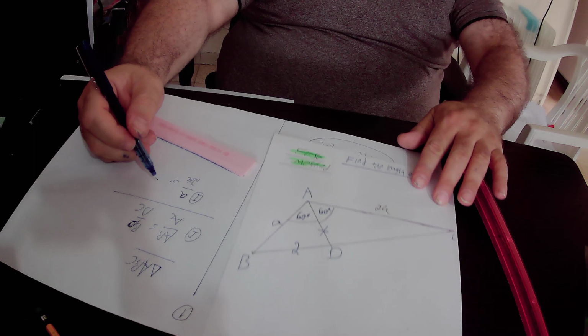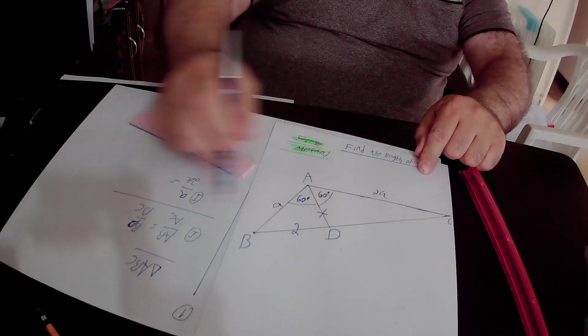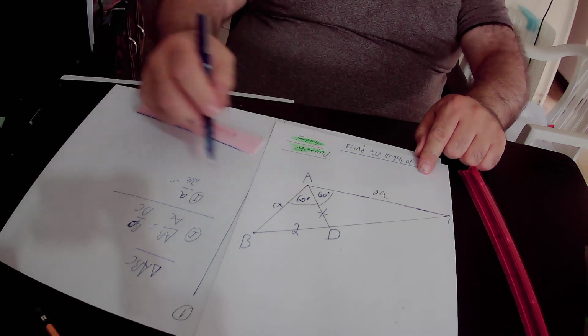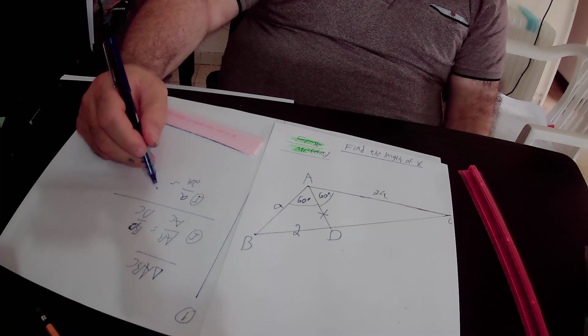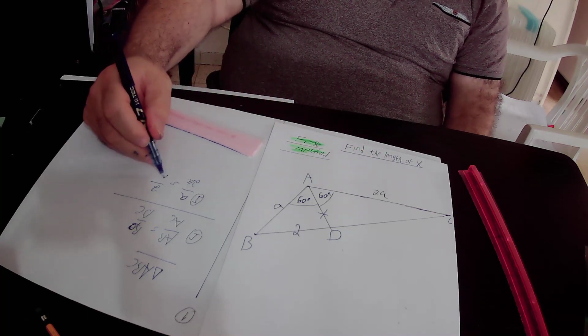Again, according to the angle bisector theorem, AB over AC equals BD over DC. BD equals 2 units, according to what is given in the question, and DC is the missing line segment.